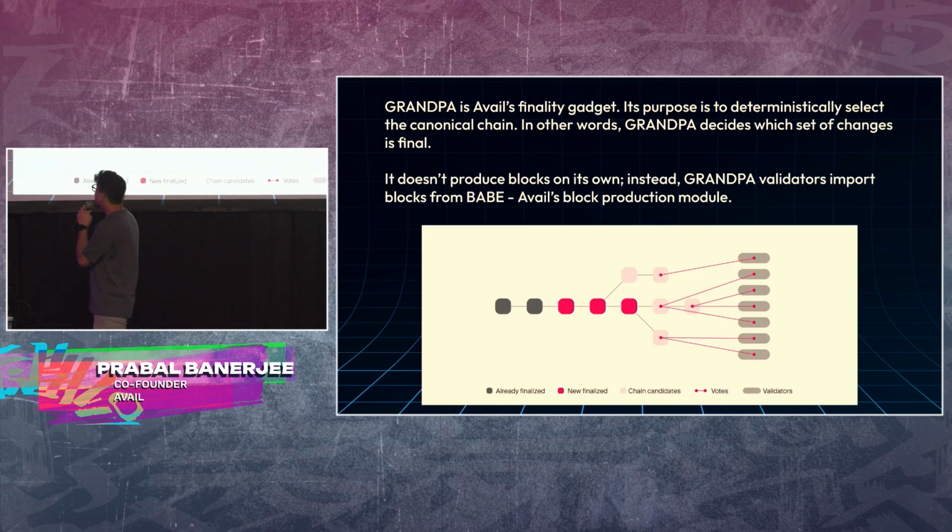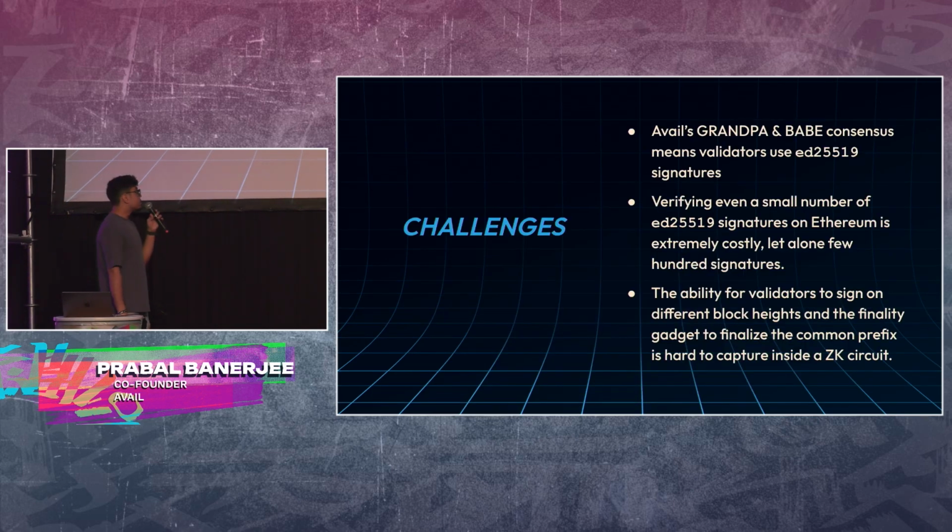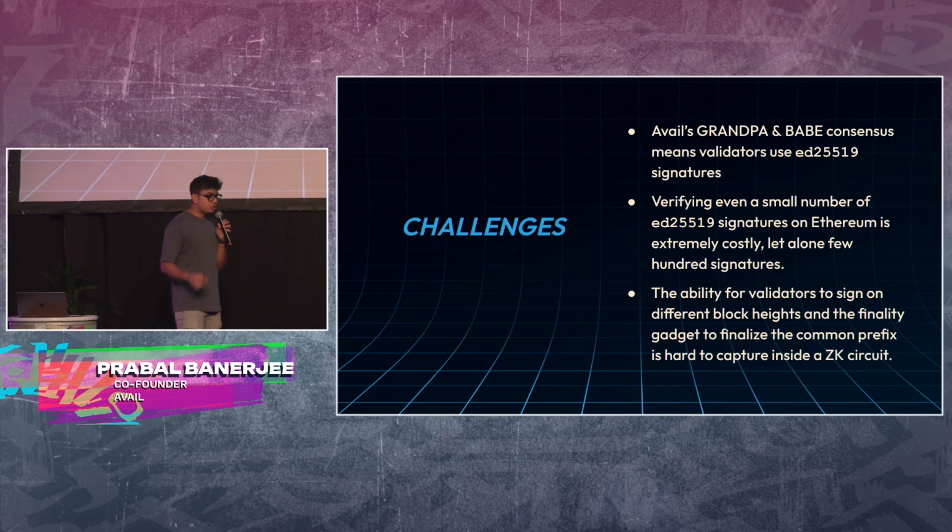One thing that Babe and Grandpa together do fantastically is that block production keeps continuing even if there are forks in the chain, and different validators can vote on different forks. But this makes it enormously challenging to implement inside a zero-knowledge proof circuit.